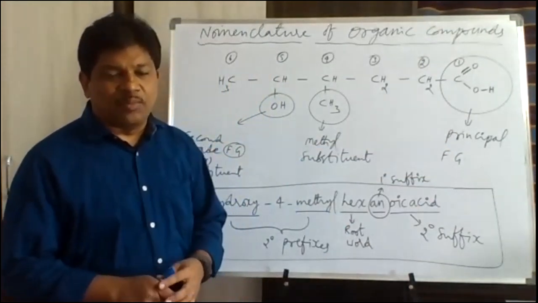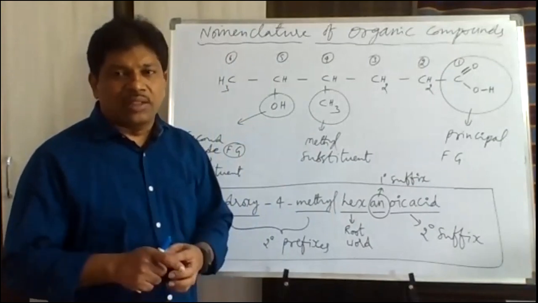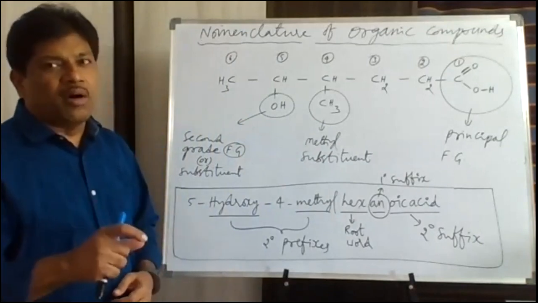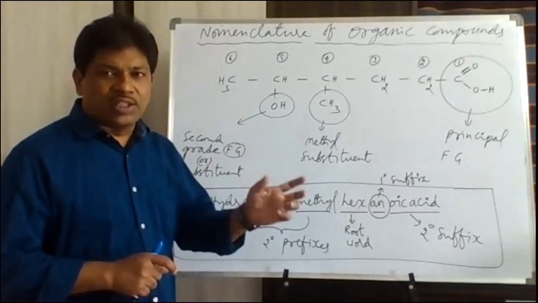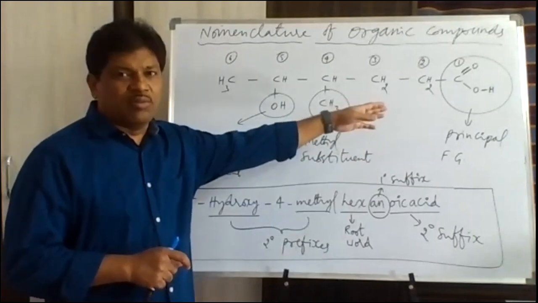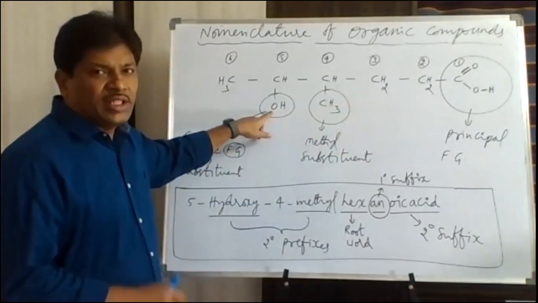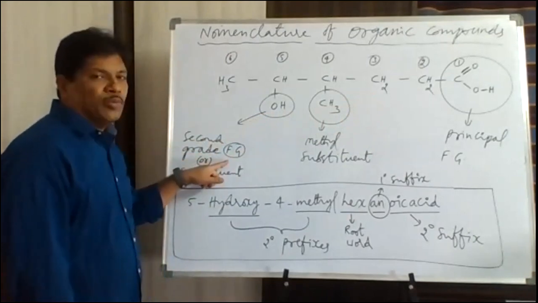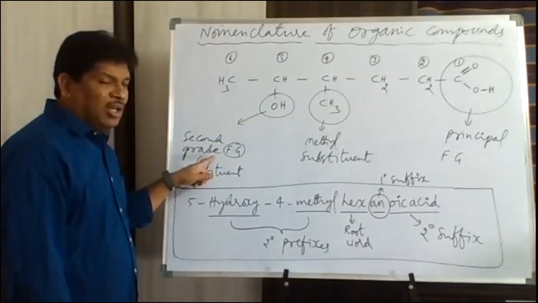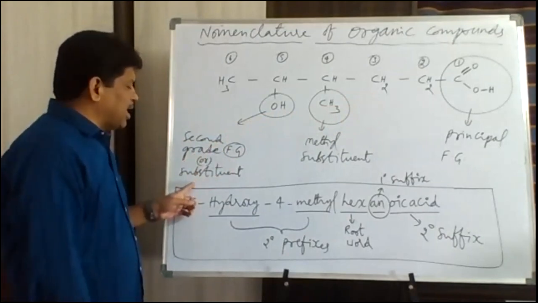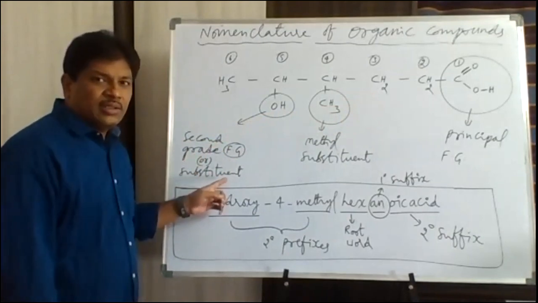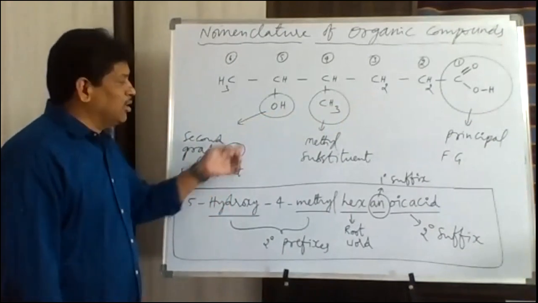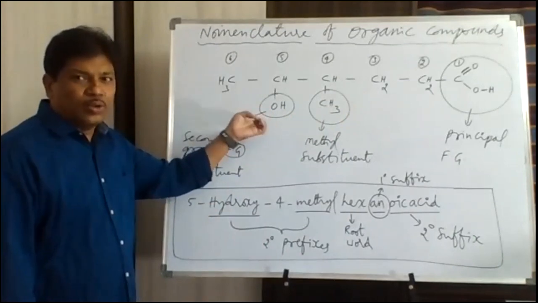In the previous session we discussed one example. There I told you the secondary suffix indicates the name of the principal functional group. Here the principal functional group is COOH, and the other functional group, OH, the alcohol functional group, will act as a second grade functional group, or simply as a substituent, the less senior group.